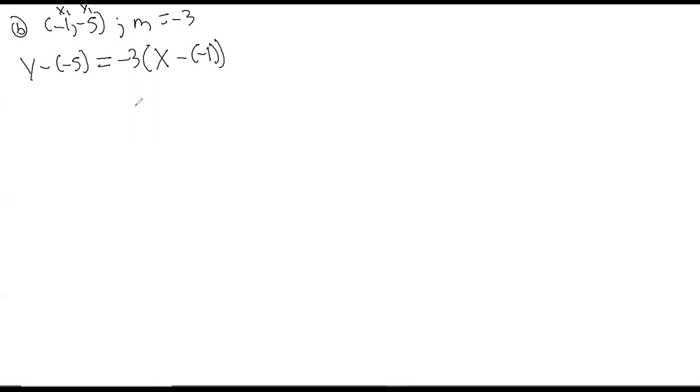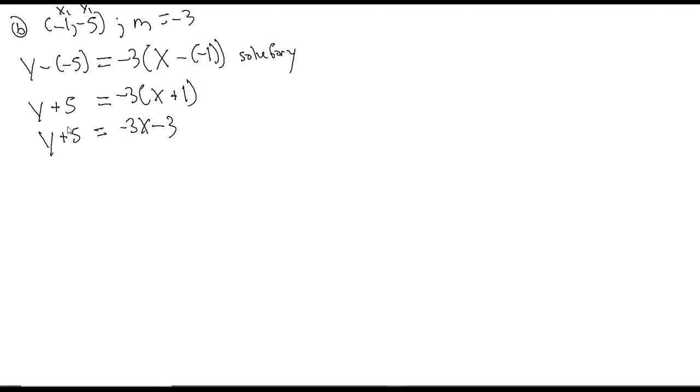And then let's just clean this up and solve it for y. So the double negative on the left makes a plus, so y plus 5 equals -3 parentheses, double negative, so that's x plus 1. Let's distribute the -3, so we'll get y plus 5 equals -3x. Be careful, minus 3, -3 times +1 is -3.